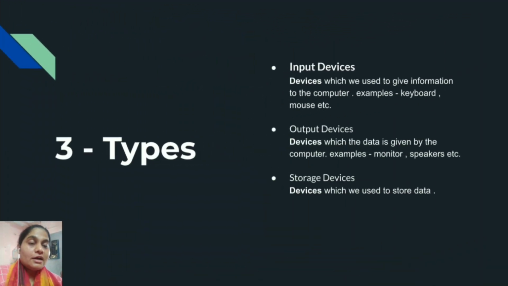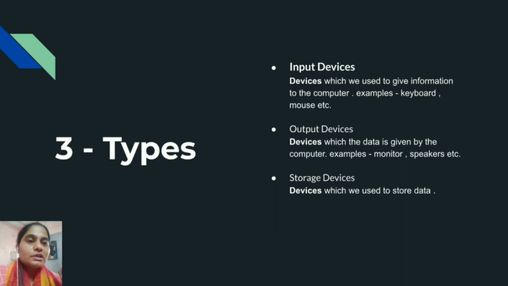These devices are also divided into three categories: input devices, output devices and storage devices. Input devices are devices which we use to give information to the computer. That kind of devices is called input devices, such as keyboard and mouse.